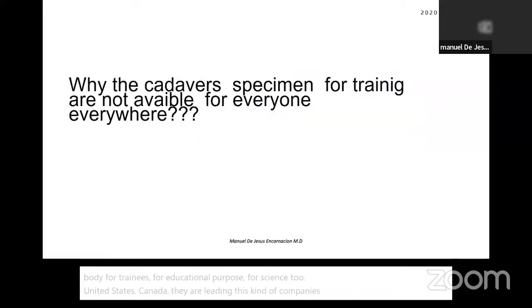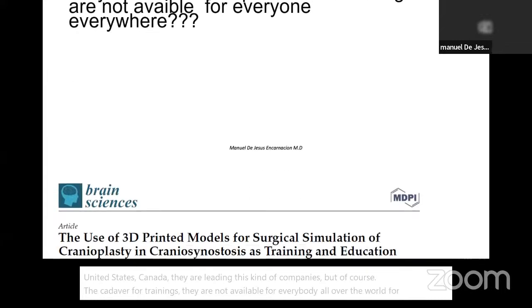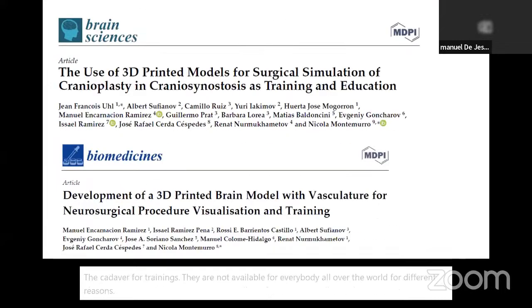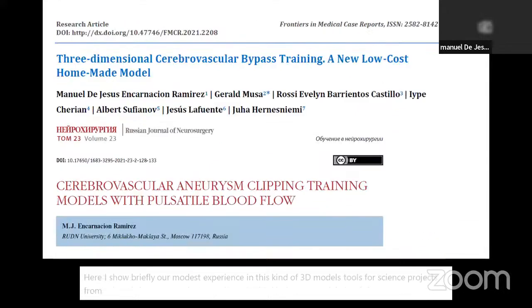But of course, the cadavers for training are not available for everybody all over the world for different reasons. Here, I show briefly our modest experience in this kind of 3D model tools for science projects from trainees and so on.